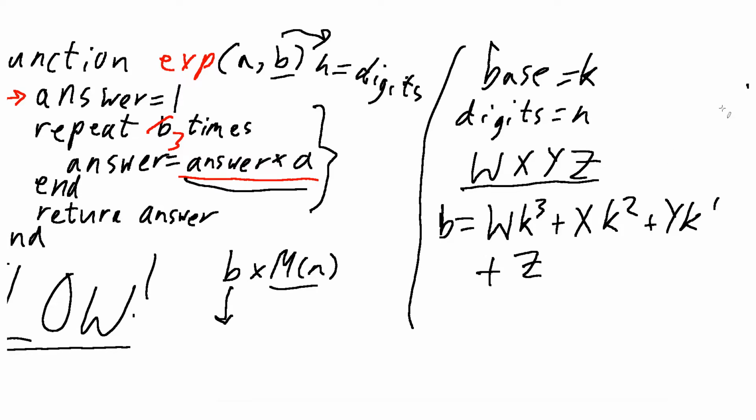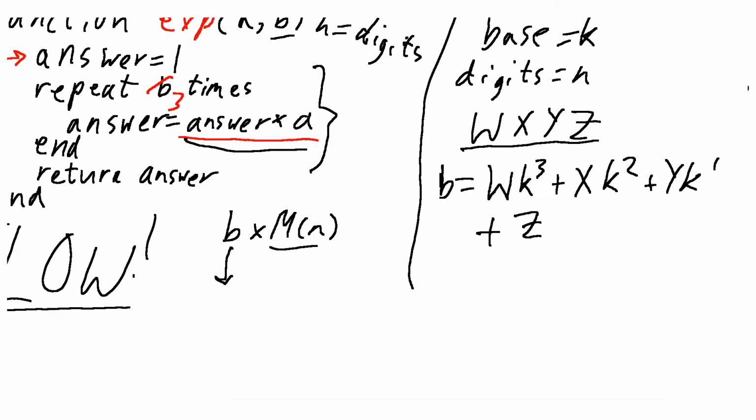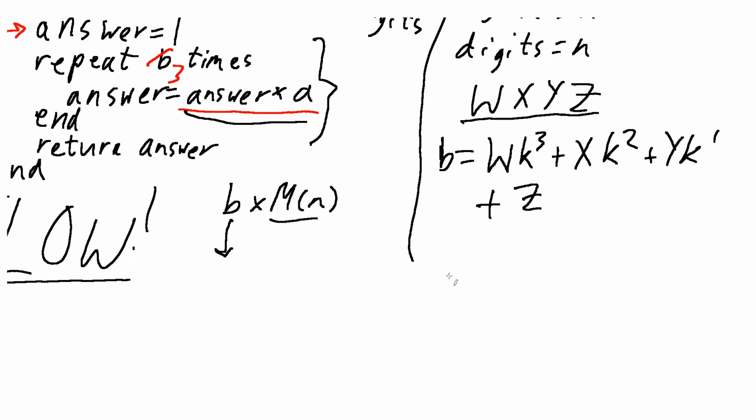But we want to look at the worst possible case. In the worst possible case, what will the values of these digits be? We will have the biggest number for the amount of digits we have. So for 4 digits in, let's say, a base 10 system, 9,999 is the biggest number possible.